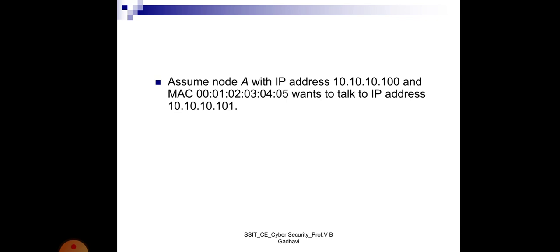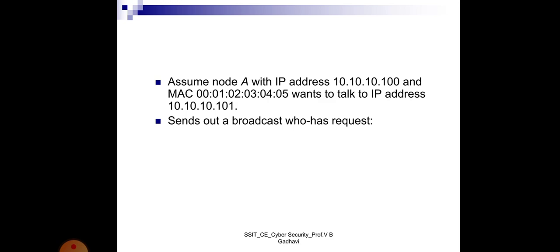Assume node A with IP address 10.10.10.100 and MAC address 00, 01, 2, 3, 4 and 5 wants to talk to IP address 10.10.10.101. It sends out a broadcast: who has it?